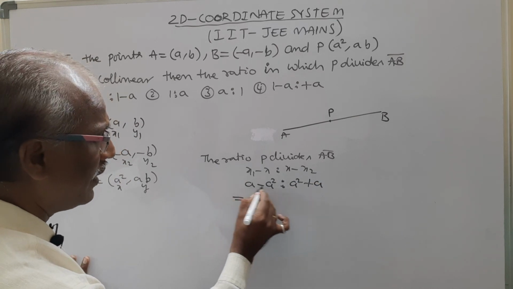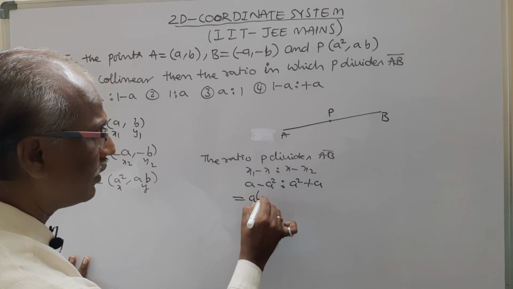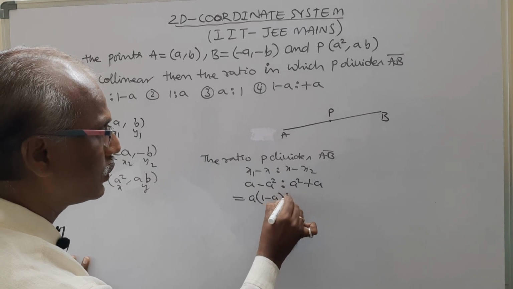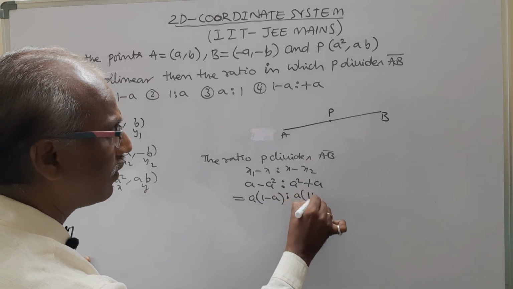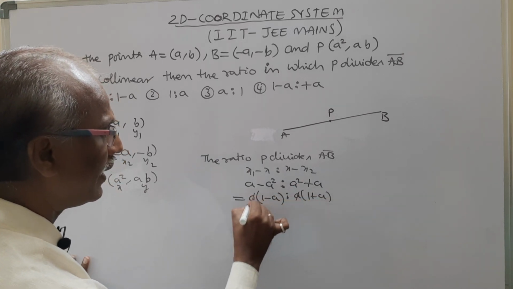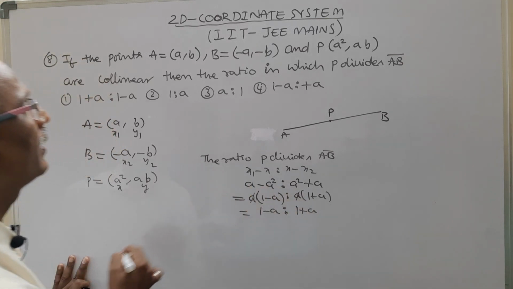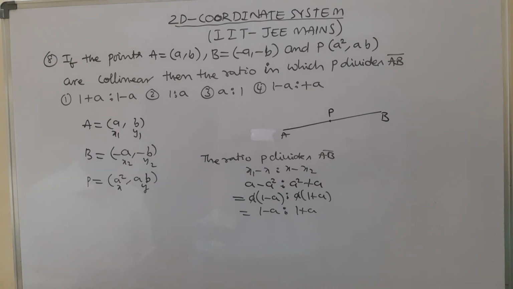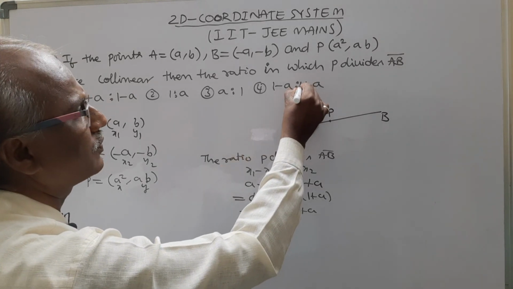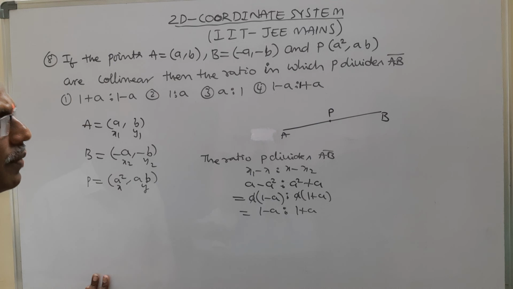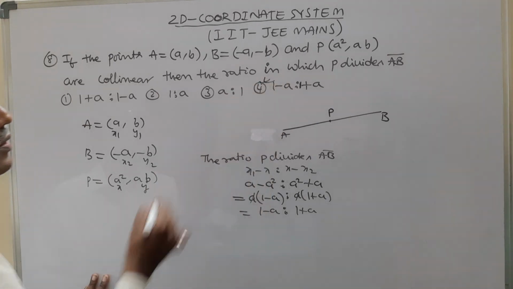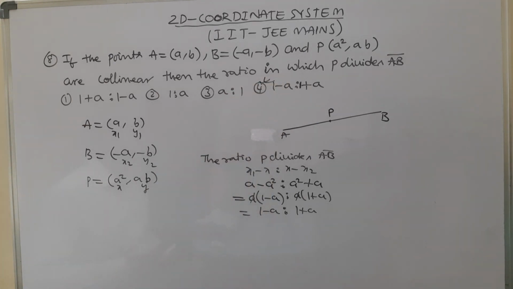Here a is common: a times 1 minus a is to a times 1 plus a. The a cancels. 1 minus a is to 1 plus a. The fourth option is the right answer: 1 minus a is to 1 plus a.